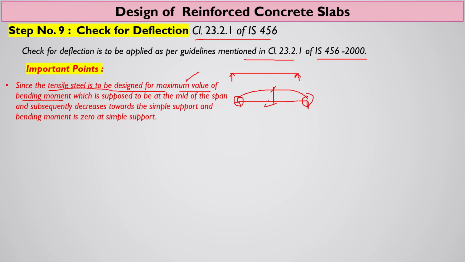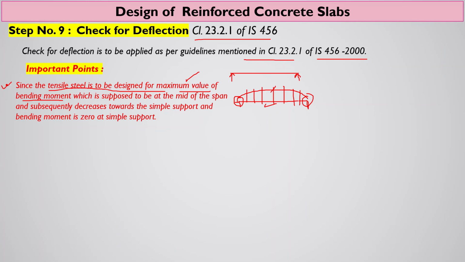So that means we can say that whatever steel we are going to calculate for maximum bending moment is not required at every section of the slab. So either we are providing more steel. So that's why I have directly mentioned 2 points.